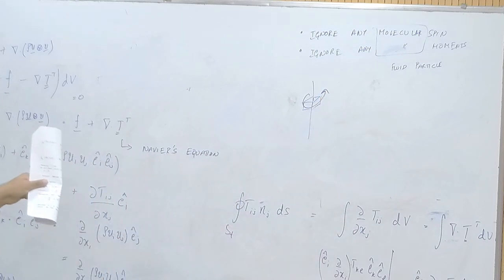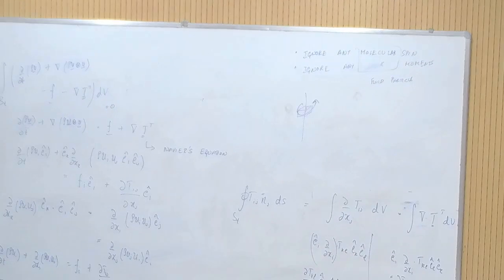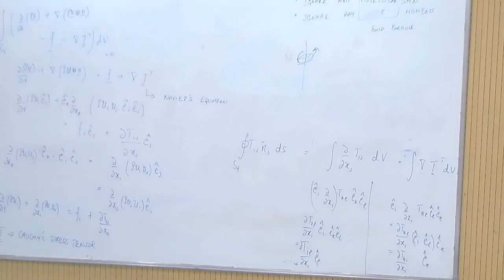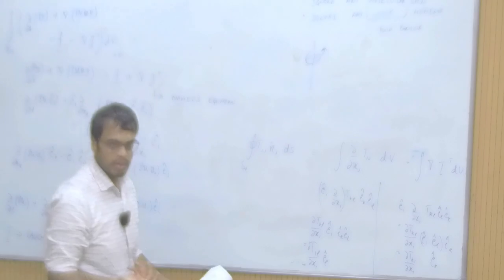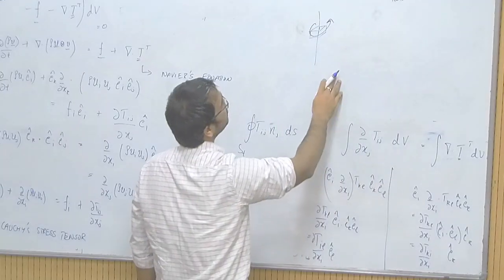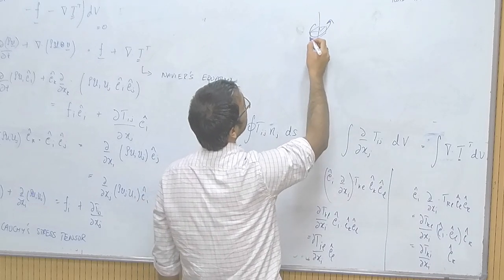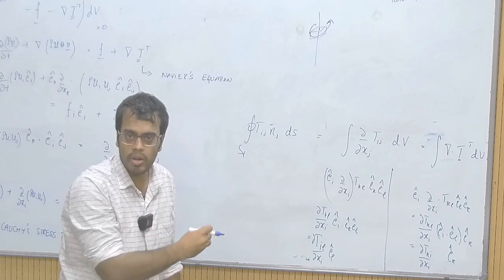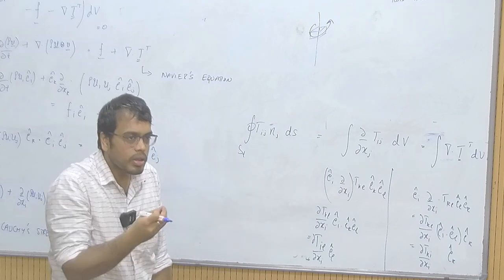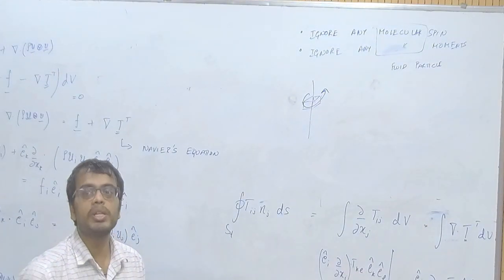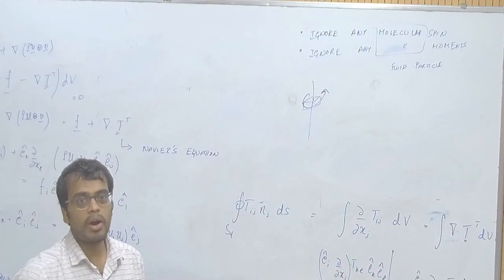When I say that there is no spin, small fluid particles are not going to rotate about any axis in space. So that means I am going to ignore any molecular spin, and similarly, there are no moments that are being applied on small fluid particles. All the fluid particles don't experience any moments or any couples, to be precise.